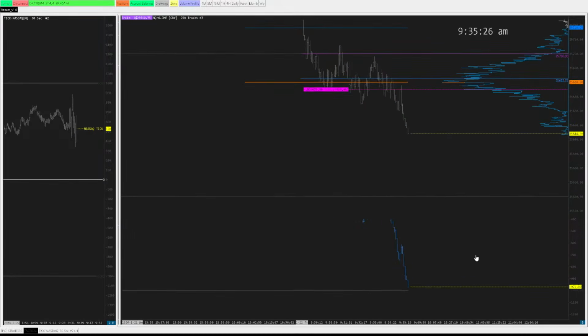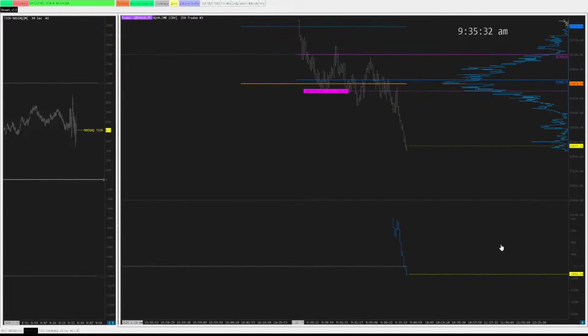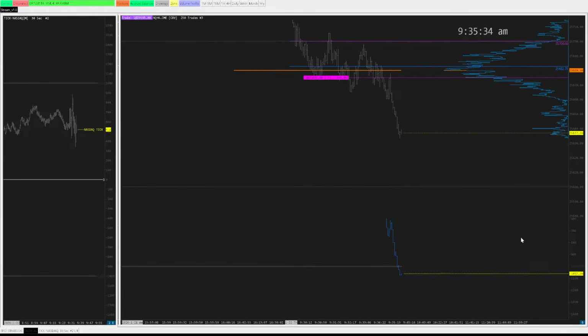I'm going to wait and see what happens here at this 1,000 level. Okay, looks like it's pushing through it. We're up 700. I'm watching to see what happens between price and delta here.